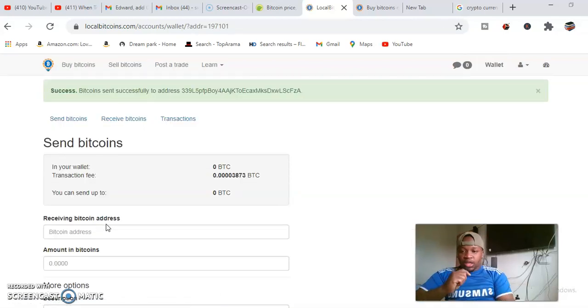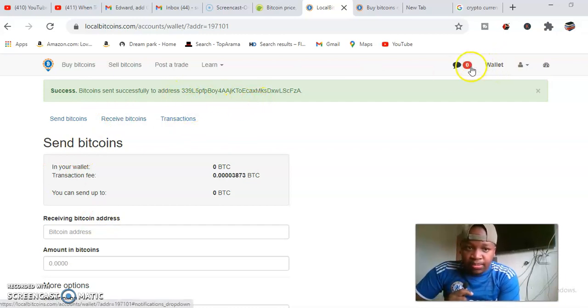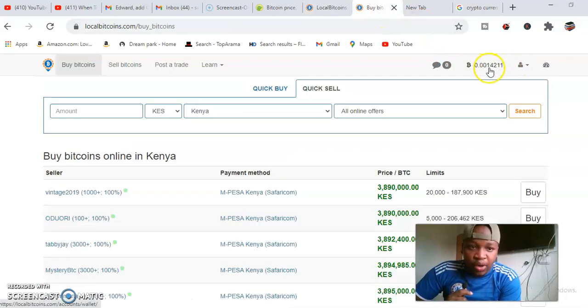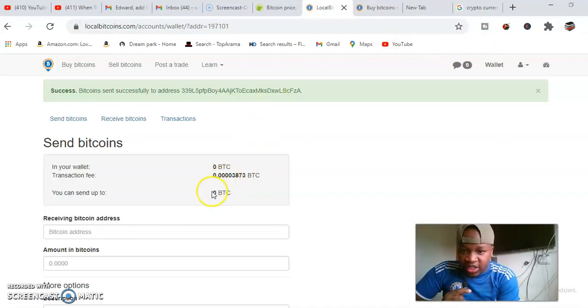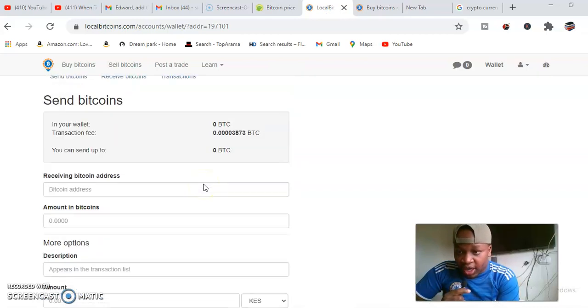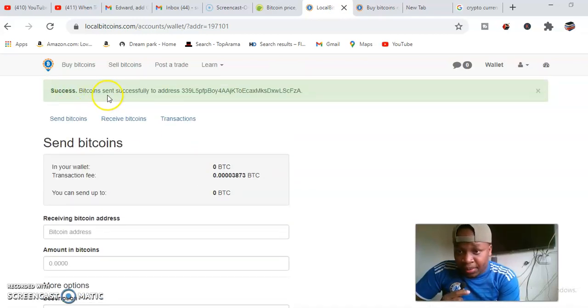It tells me Bitcoin sent successfully to this address. You can see my balance now is at 0. Initially my balance was at 0.0142. This is the browser that has not been refreshed, but this one has been refreshed. We can see already the coins have gone, and they are telling us Bitcoin was successfully sent to the owner.